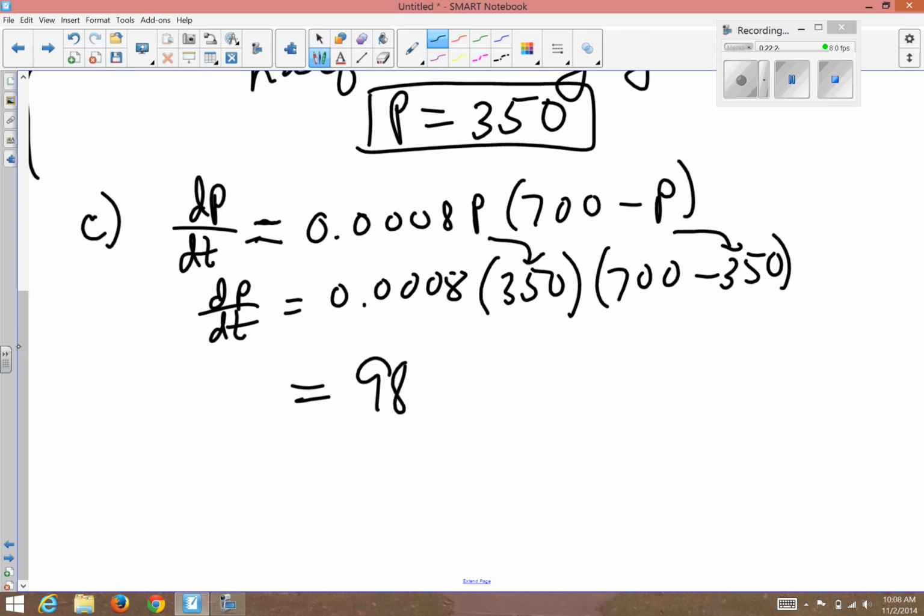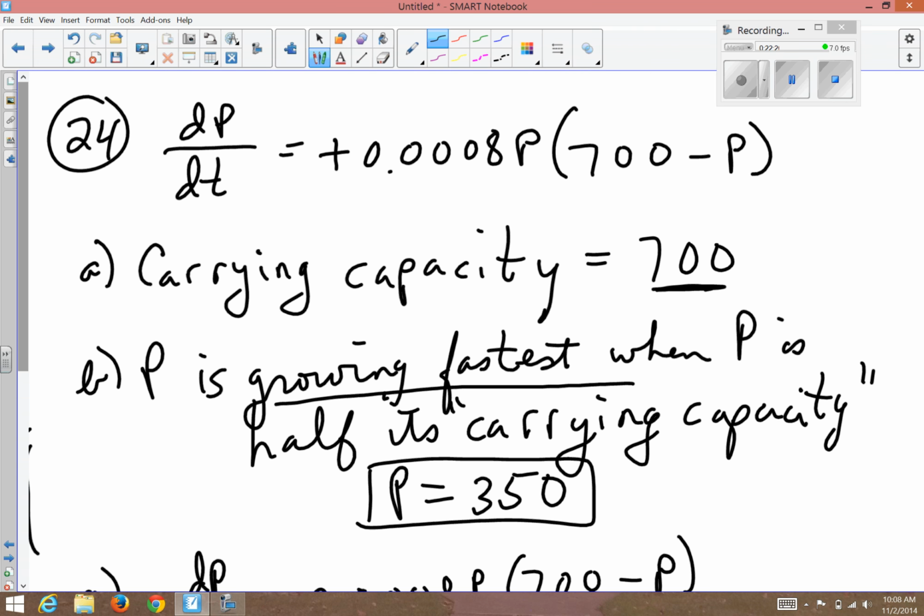So the units in all of the answers, A, we'd say 700 individuals, because it's a population. B is 350 individuals. That's the population at the time that the population is growing the fastest.